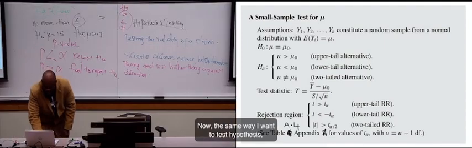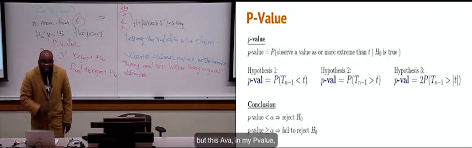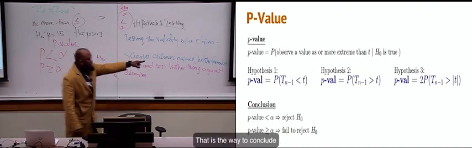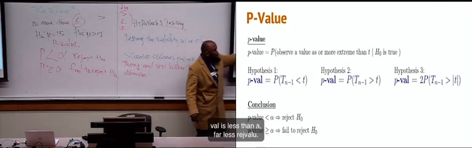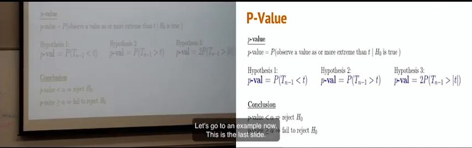Okay, now, the same way I want to test a hypothesis, but this time around, my p-value is going to be the probability of T, not the probability of Z. And we're going to be needing degrees of freedom. And that is the way to conclude. When the p-value is less than alpha, always reject. Now, let's go to an example.